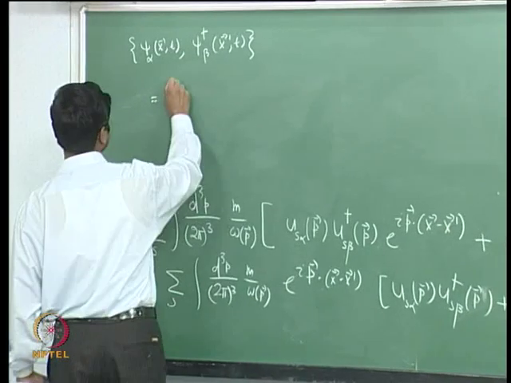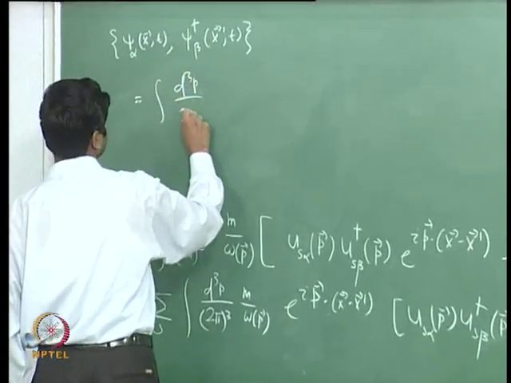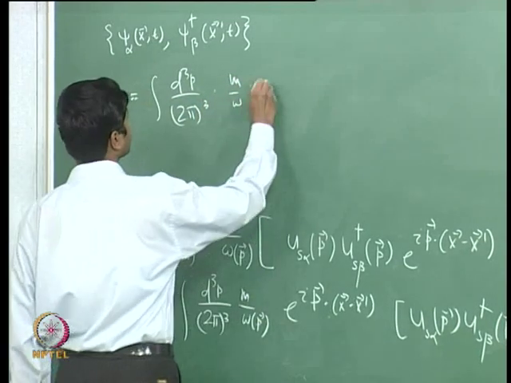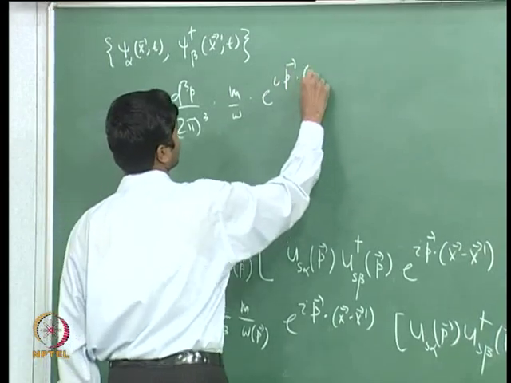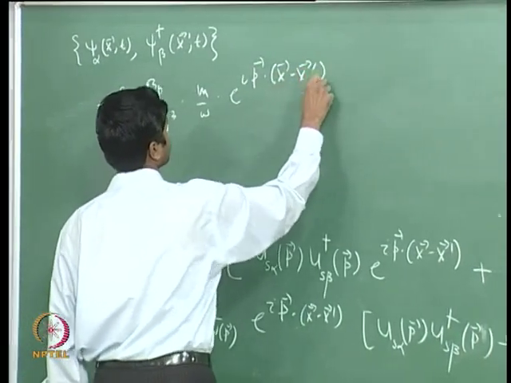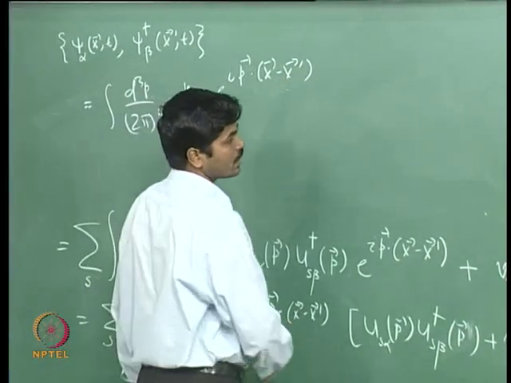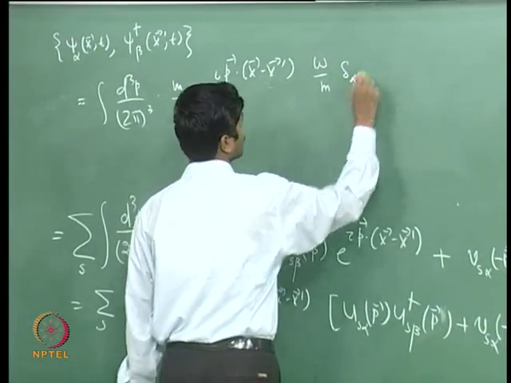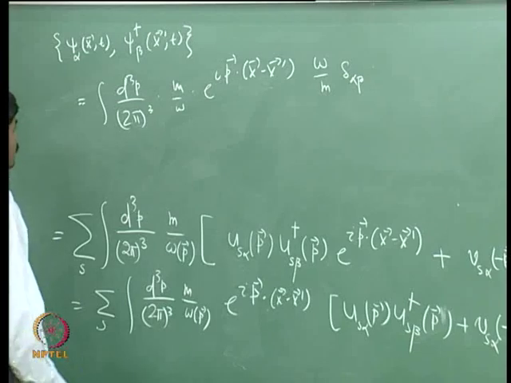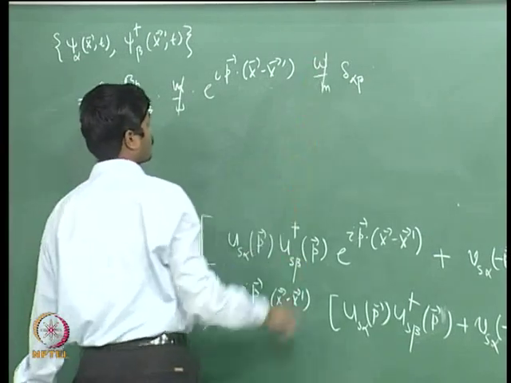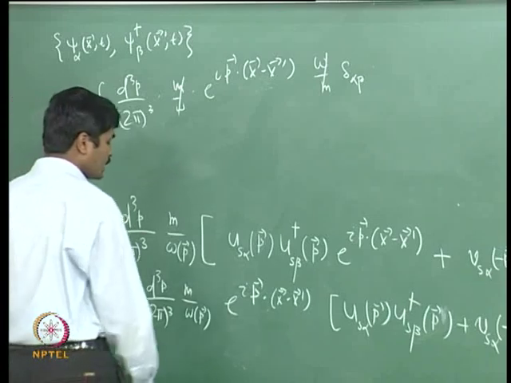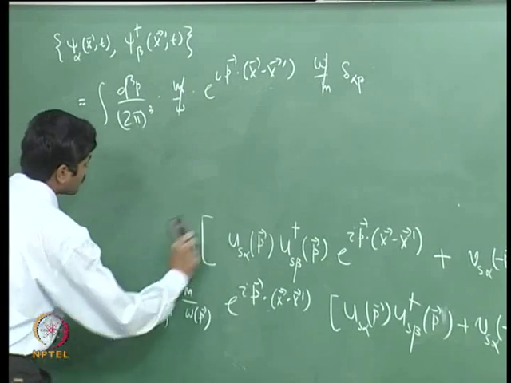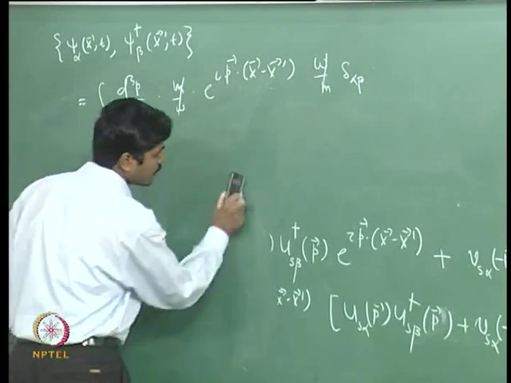The sum over S is gone. So, d^3p over (2 pi)^3, m over omega and then e to the power i p dot (x minus x prime), and the whole thing is given by omega over m delta alpha beta. So, m over omega cancels omega over m and hence I can carry out the integration over p.